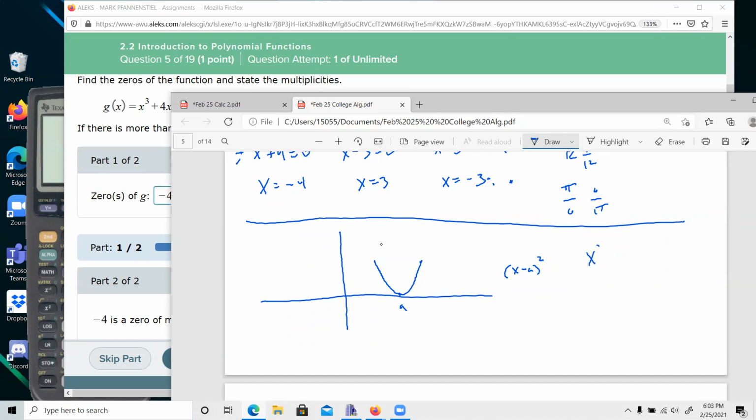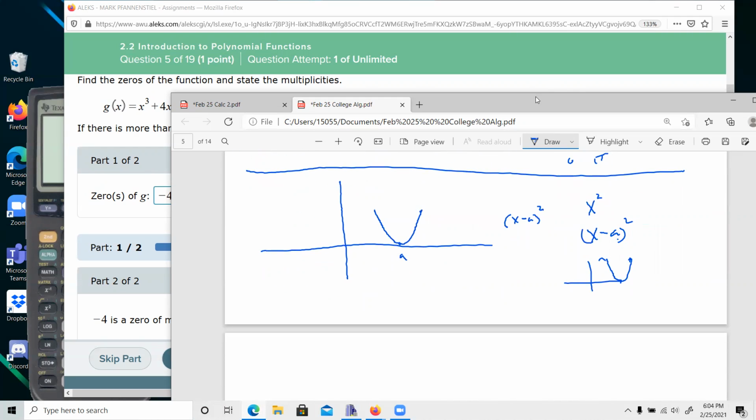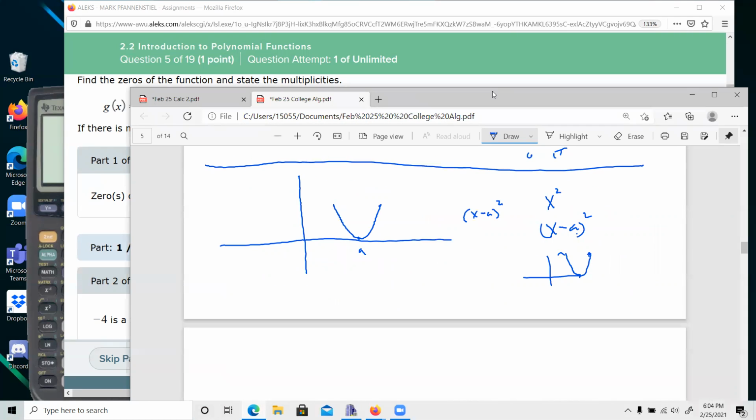If I had x squared and then we compared it to x minus a squared, that just means we just moved the vertex. That's it. Well, in polynomial speak, when we're dealing with a slightly broader idea of what could happen, notice this is the 2, and it kind of bounced off of the axis here. That's what they mean by the multiplicity.